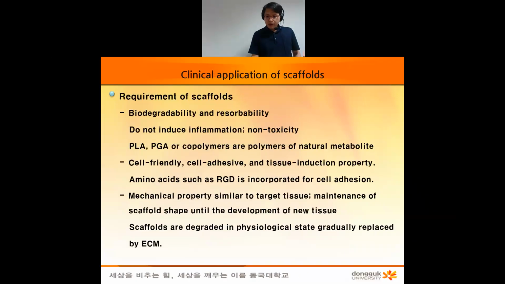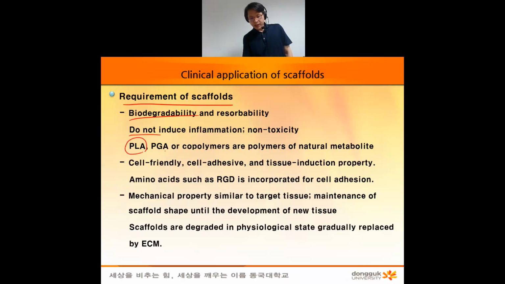Okay, this is the requirement of the scaffolds. Biodegradability and resorbability are required for scaffolds. It means that it should not induce inflammation and it should be non-toxic.